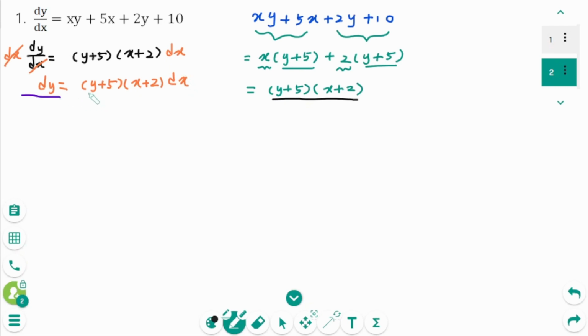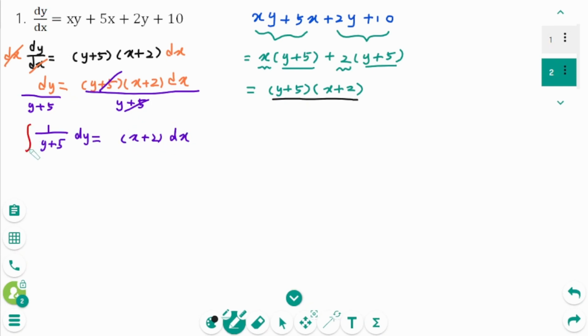Then divide by y plus 5 on each side, then 1 over y plus 5 dy equals x plus 2 dx.